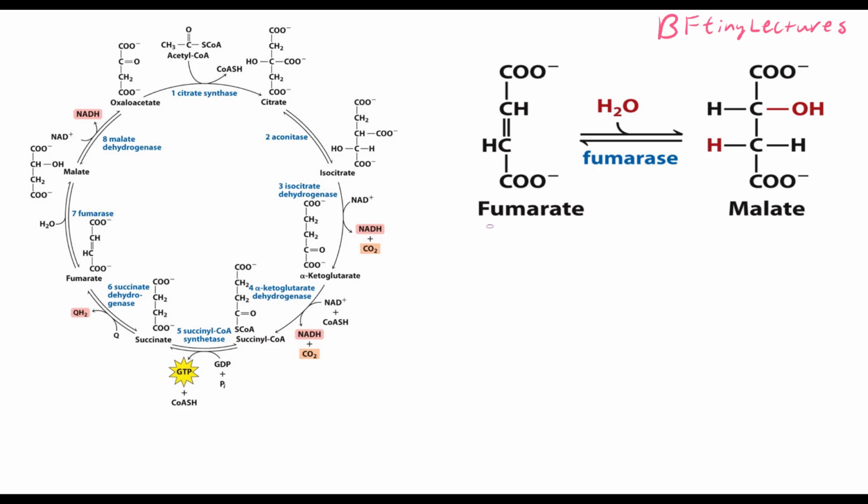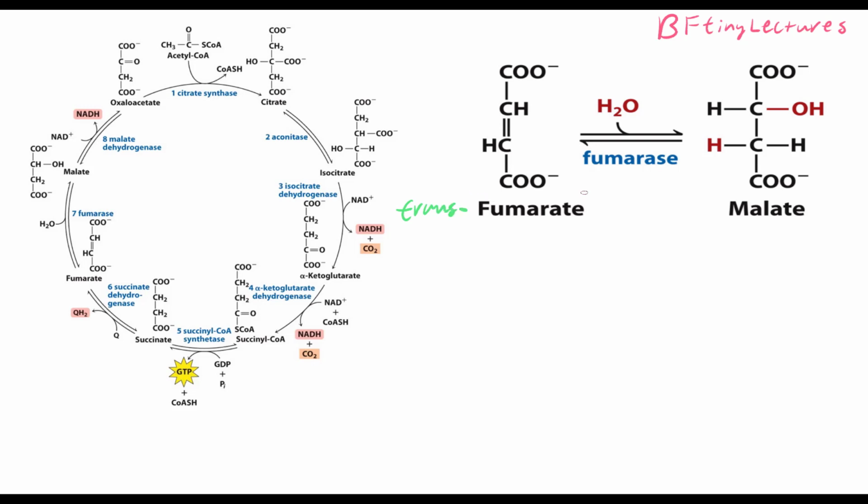I think that this is one of the most simple reactions in this cycle, because all we're doing is that we're going to be adding water to this trans fumarate. So I don't really like this picture that they had in the textbook, but essentially this is a trans fumarate right here.